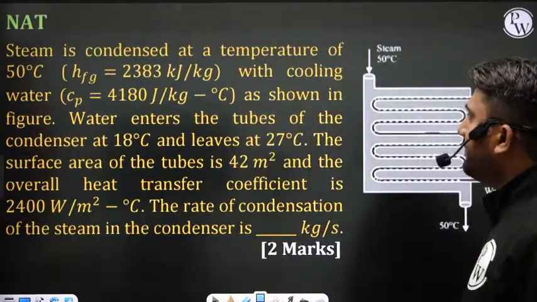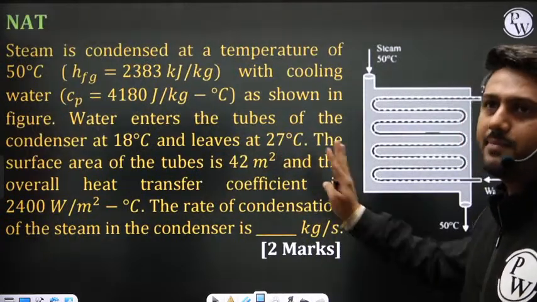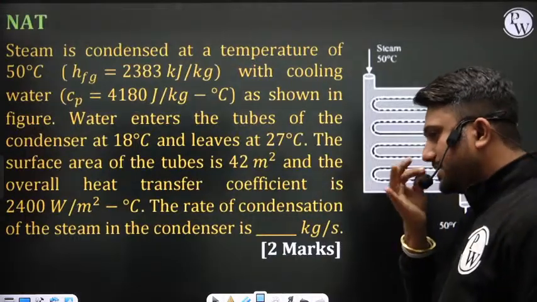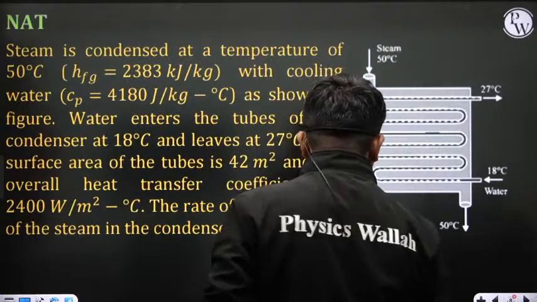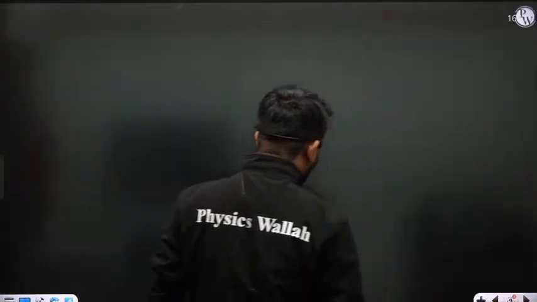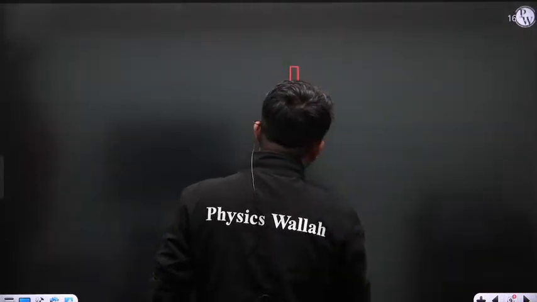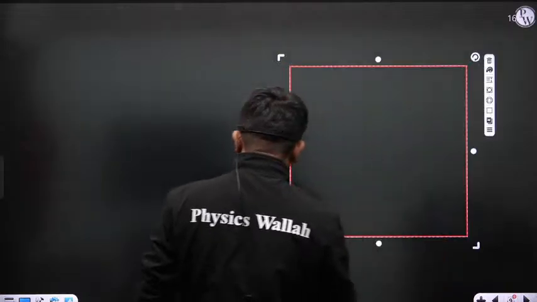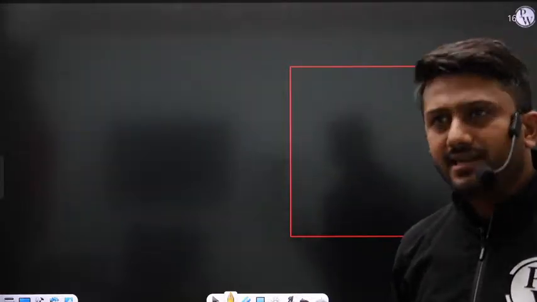So basically, this is a problem of a condenser type of heat exchanger, and steam is condensed here. Now see here, if you draw the temperature profile, we know that in a condenser type or evaporator type of heat exchanger, whether the flow is parallel or counter flow doesn't matter.